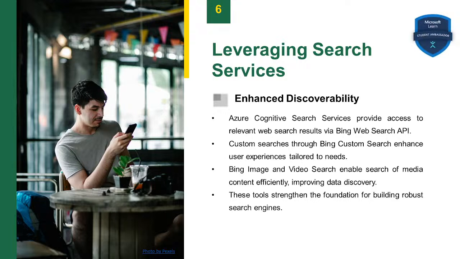These APIs allow you to search for and display relevant media content in your application, which is particularly useful for content heavy platforms. For example, in a media or entertainment app, Bing Image Search can pull relevant images or thumbnails based on the user's search query, enhancing the user experience with visually appealing content.